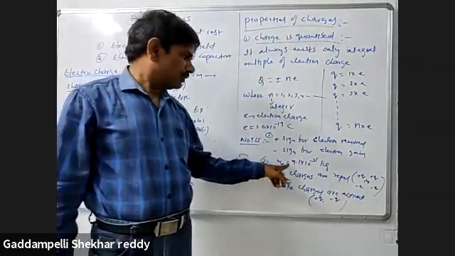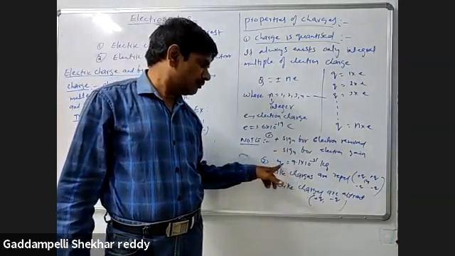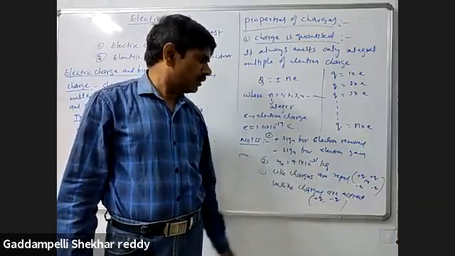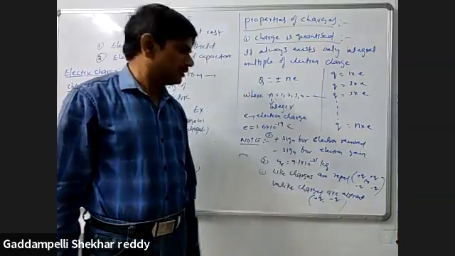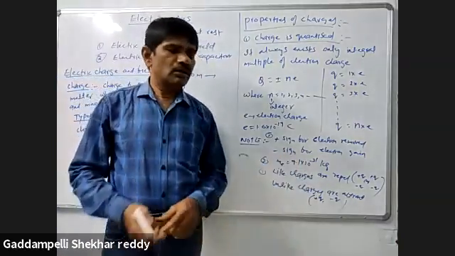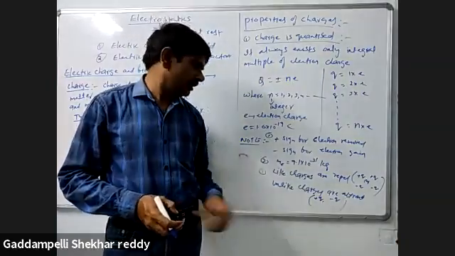Next, the electron has some amount of mass. That mass of the electron, represented m_e, is equal to 9.1 × 10^-31 kg. Next, the force between like charges is repulsion; like charges mean plus with plus or minus with minus.